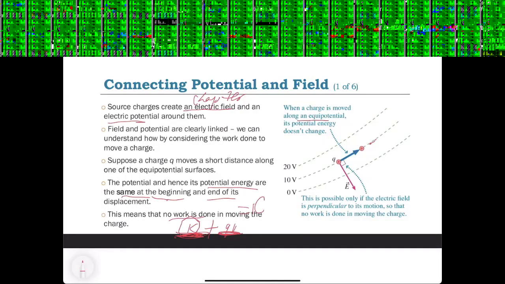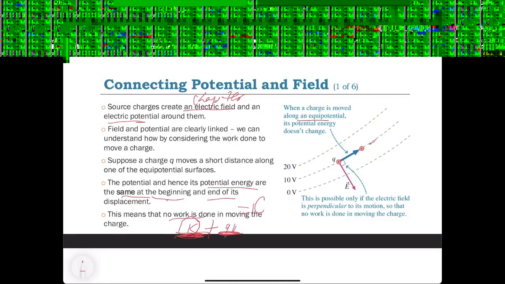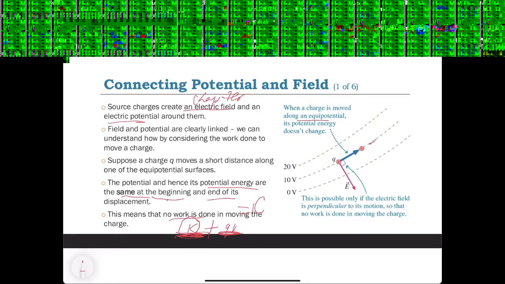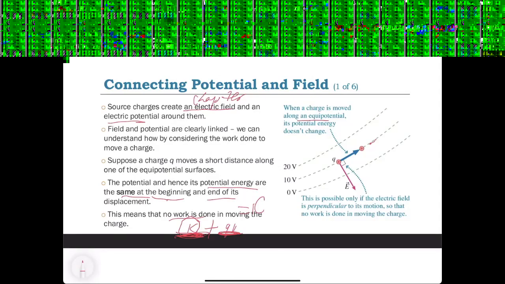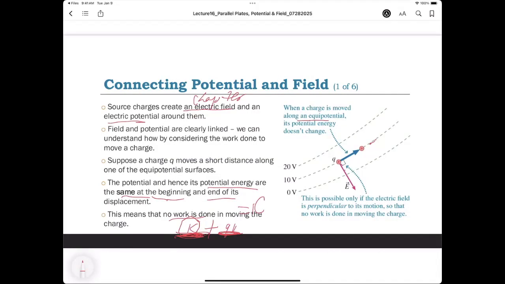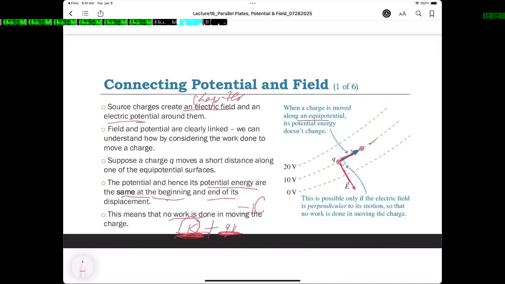Yeah, this is possible. Some students may think it's impossible because you move the charge, am I right? But this is possible only if the electric field is perpendicular to its motion, so that no work is done in moving the charge. If the electric field is perpendicular to the motion, no work is done.